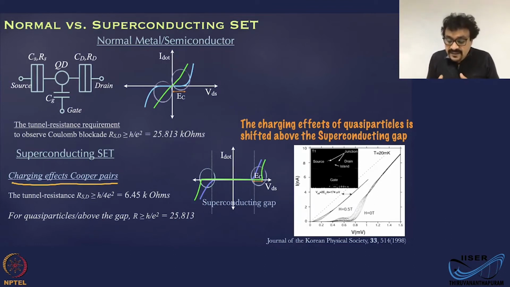But the IV trace of a superconducting tunnel junction system involves the superconducting gap also. So the generalized picture here is you have a middle blockade region which is because of the superconducting gap. Then there is a rise in the current, and in this region you can observe the Coulomb blockade because this is where you have quasi-particles or electrons available.